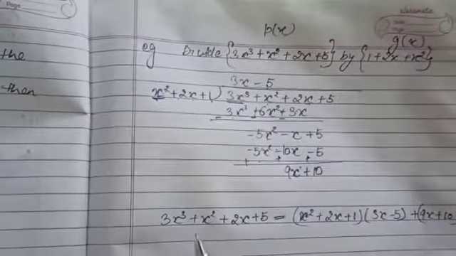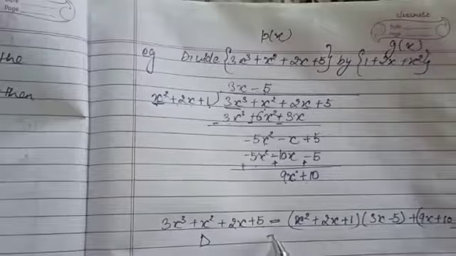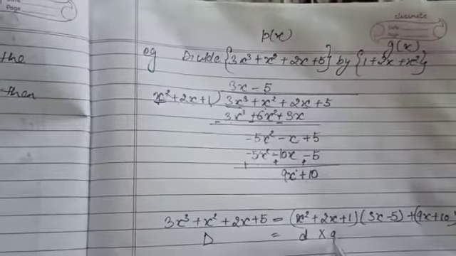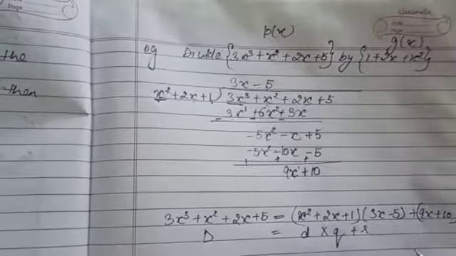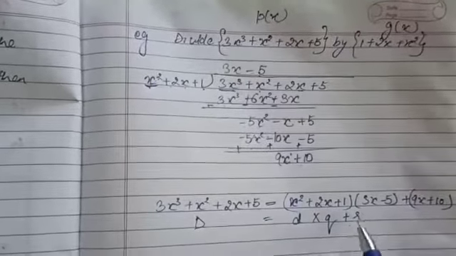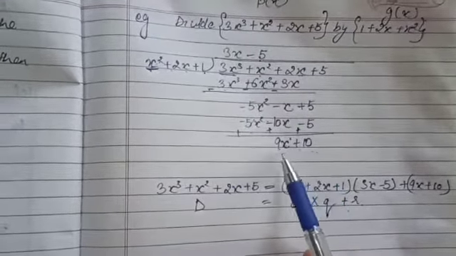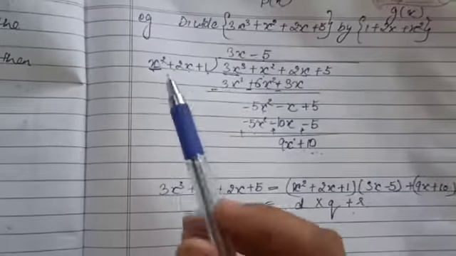This is our remainder term. So this is our dividend. This is equal to our divisor multiplied by quotient plus remainder. And where our remainder can be either 0 or its degree will be less than degree of the divisor.